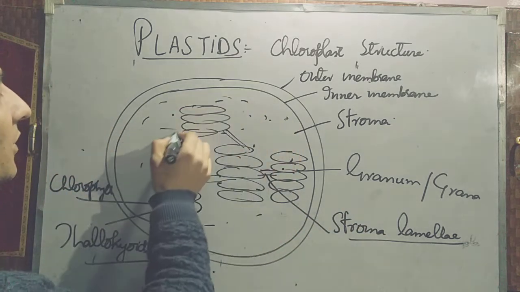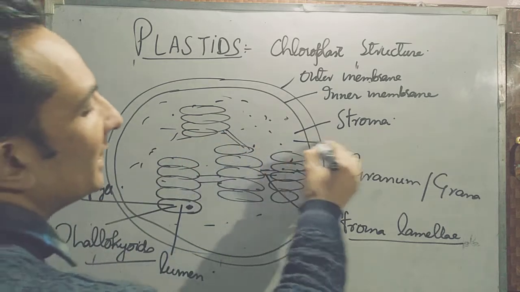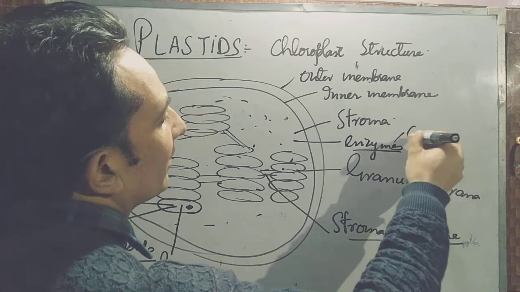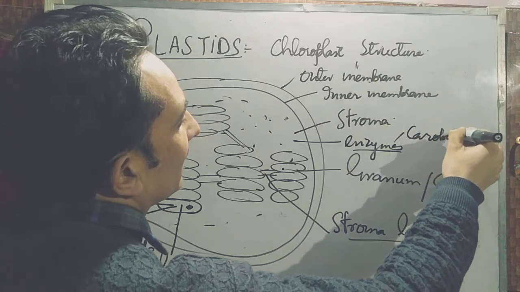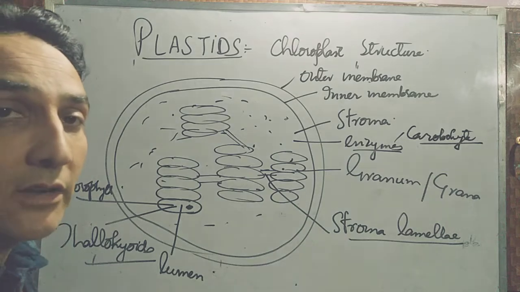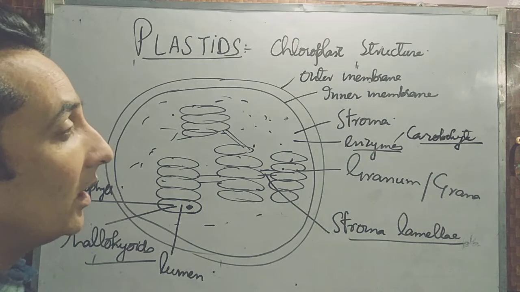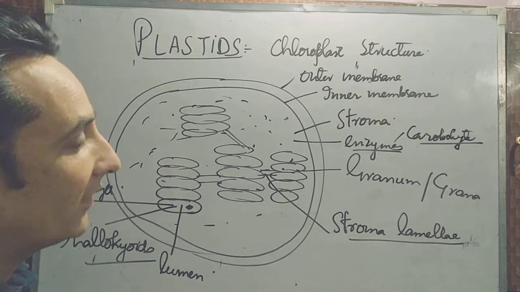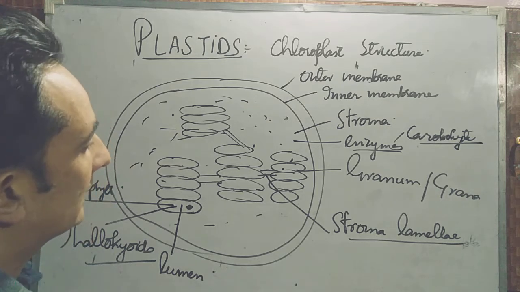Now, this fluid, the stroma, contains many enzymes which are involved in carbohydrate, fat and protein metabolism and synthesis, particularly carbohydrate and protein metabolism and synthesis.